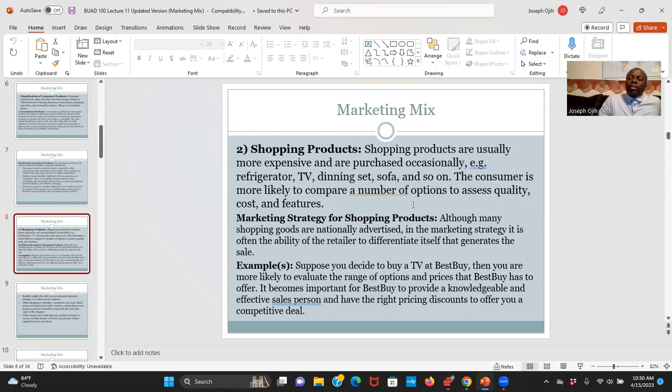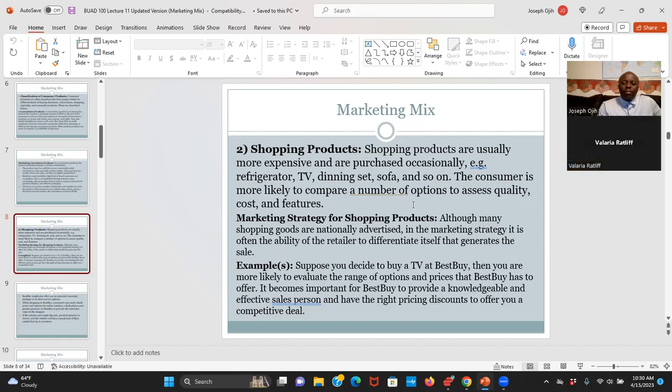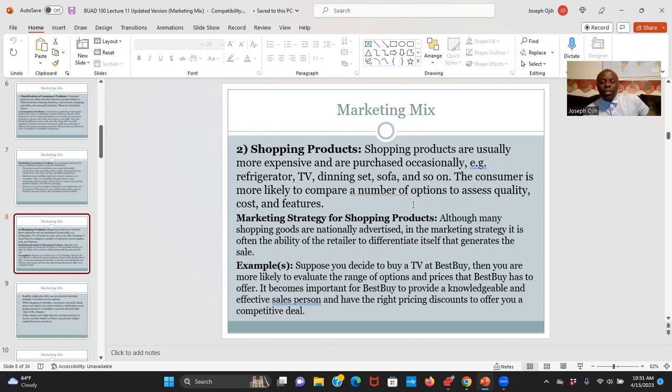Now, how do we market shopping products? Even though some of these shopping products are advertised in the marketing strategy, it is often the ability of retailers to differentiate, to figure out a way to make their product stand out from the crowd.